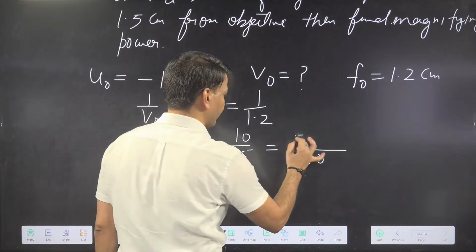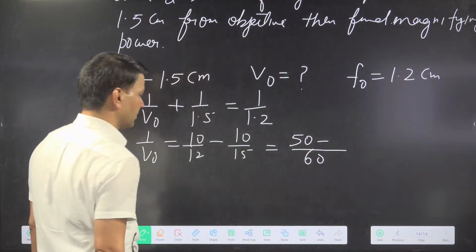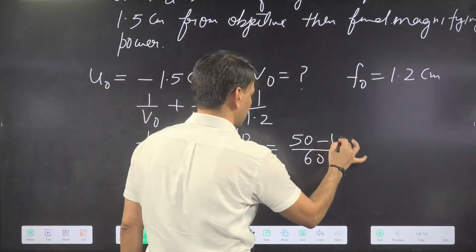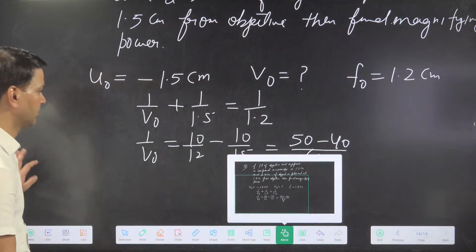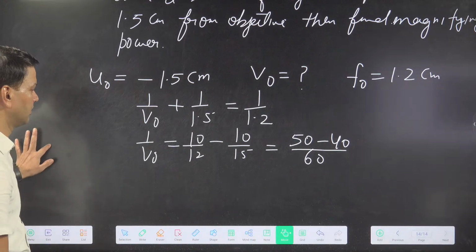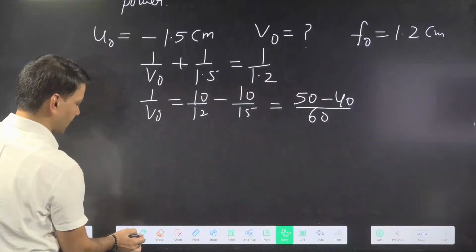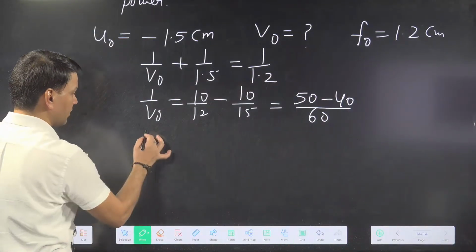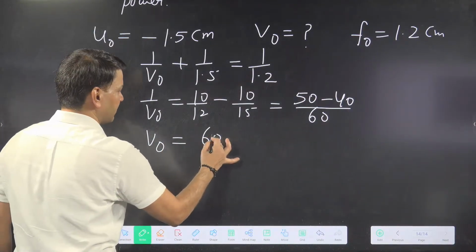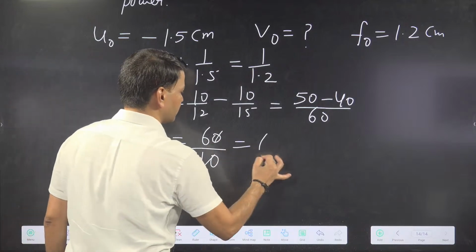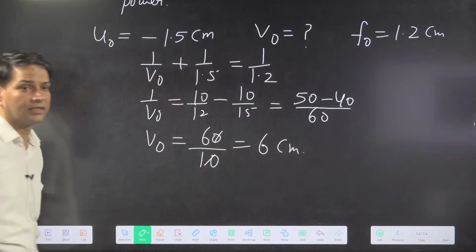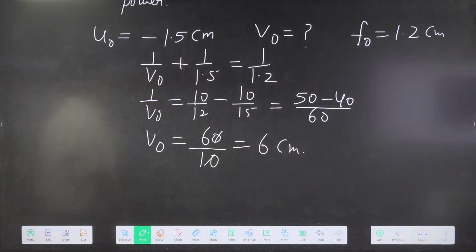So 50 minus 40. Then VO is equal to 60 by 10. Then we got VO is equal to 6 centimeter. So VO we got 6 centimeter.